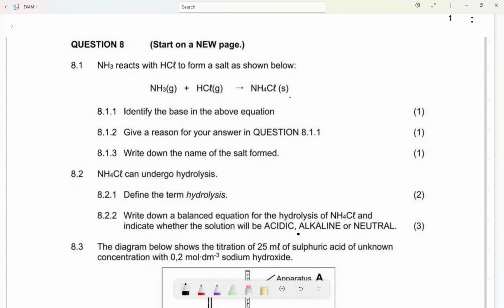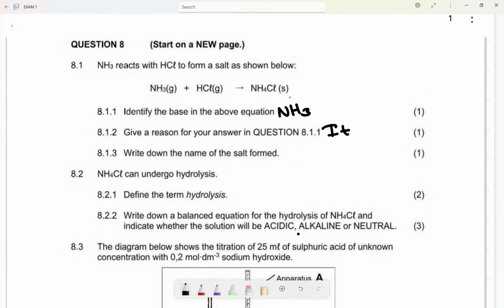We know HCl is a common acid, so the base is going to be NH3. Give a reason for your answer. What you can say is, what's the definition of Arrhenius?